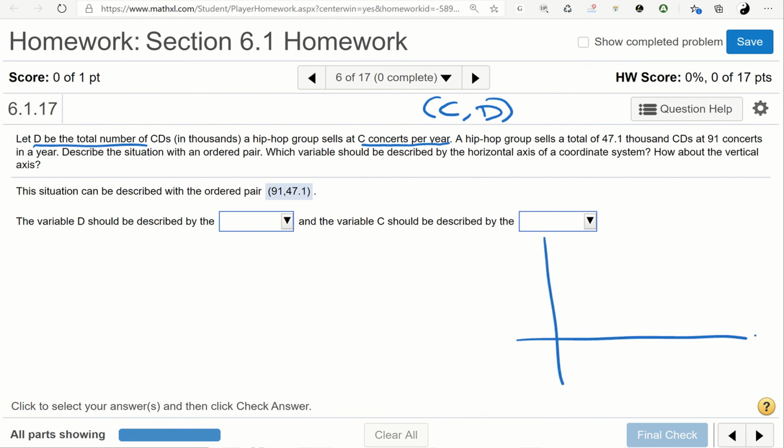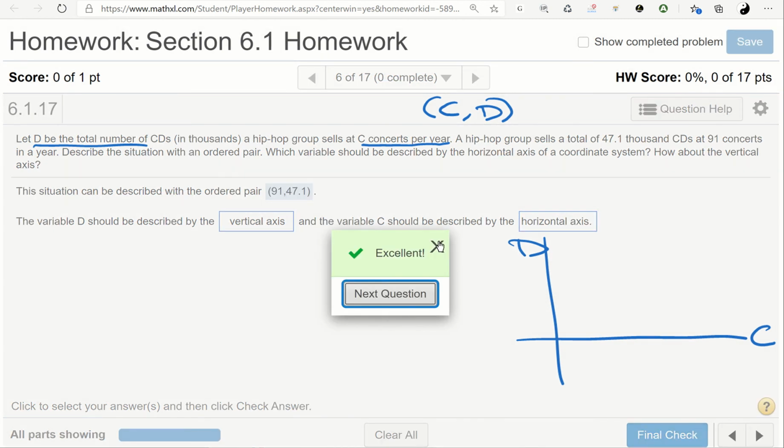So the horizontal axis is going to be represented by C, and the vertical axis will be represented by D, right? So the variable D should be described by the, let's see what they want us to. Notice D, of course, will be the vertical axis, and C should be the horizontal axis. Okay? And that's all there is to that question.